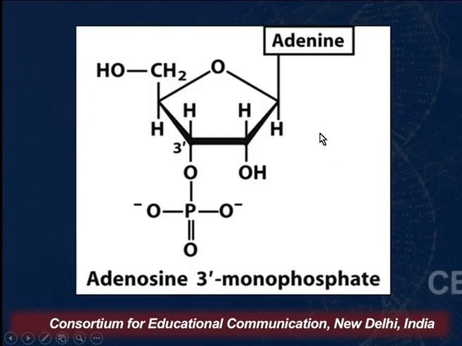Now for example, in the second example, the esterification has taken place at the 3rd OH, the OH at the 3' carbon. So this is your 1st carbon, 2nd carbon and 3rd carbon, and when this happens we get a different nucleotide, which is adenosine 3' monophosphate.